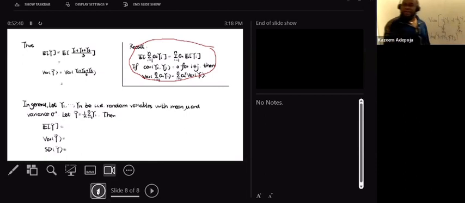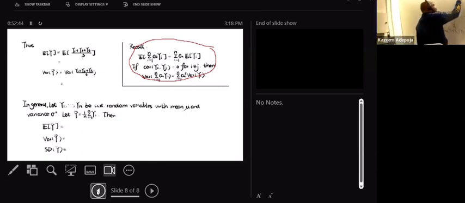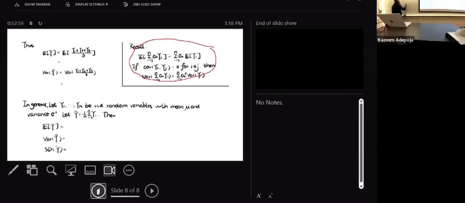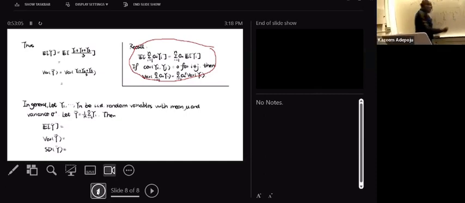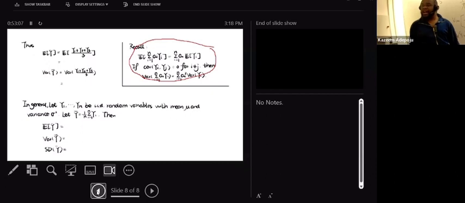Okay? And I told you the other time, they're all going to be the same. So variance of y1 equals variance of y2 equals variance of y3 equals variance of y. So if they are all the same, it's going to be 1 over 9 times 3 variance of y. Because they are all the same, what do you have? Variance of y over 3. And what is the generalization?